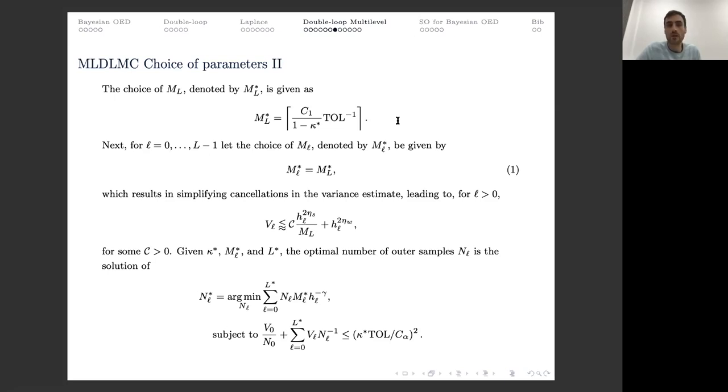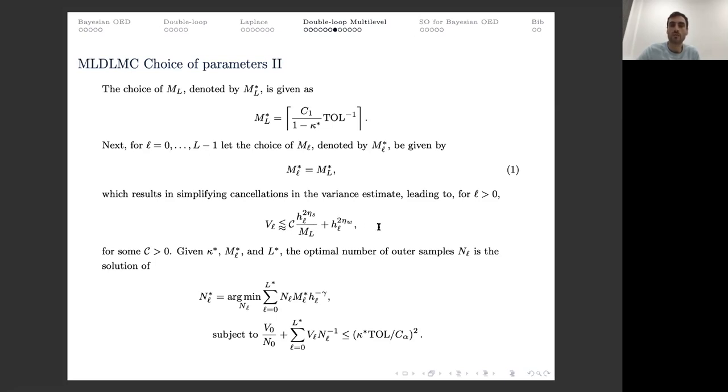So what we did here, we committed the crime and said, okay, our sequence of MLs are the same and are equal to the final one, M capital L, which is the first that we are defining here. And assuming this, we specialized our first theorem to this relation here.